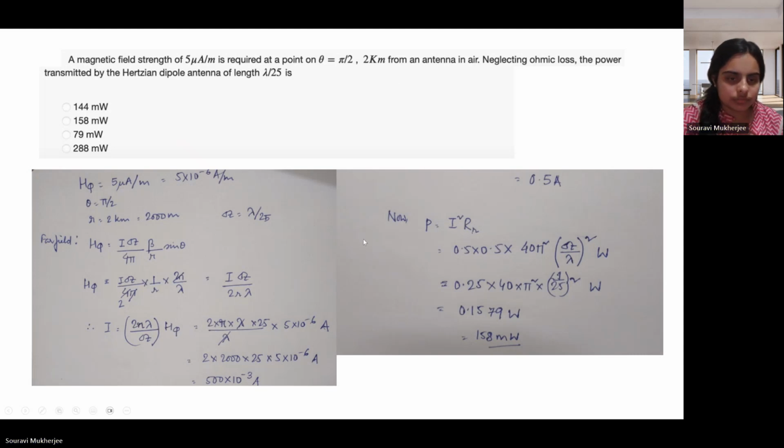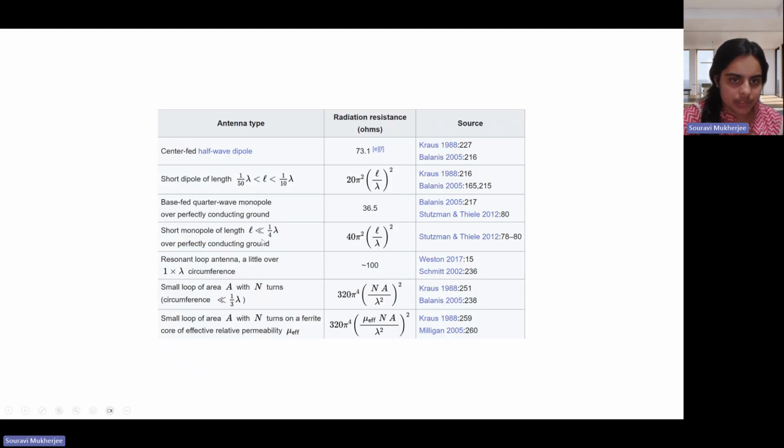Now you know your current and you know your length, right? If you go back, you can see how the relations are for an antenna when it's much smaller than lambda by 4 and you are in this regime.